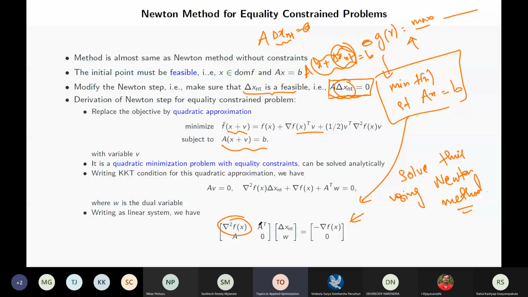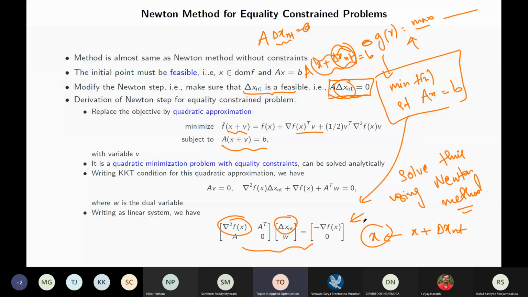So then the algorithm will now find this delta x nt, and this delta x nt will get updated in the gradient step. Because this is just a step, right? And then the new x will be given by x plus delta x nt.